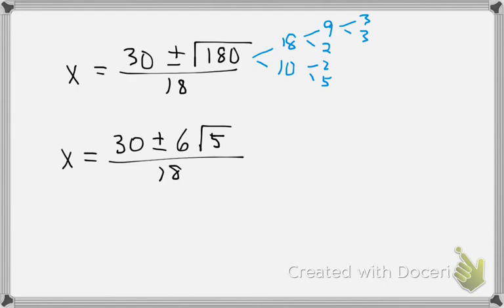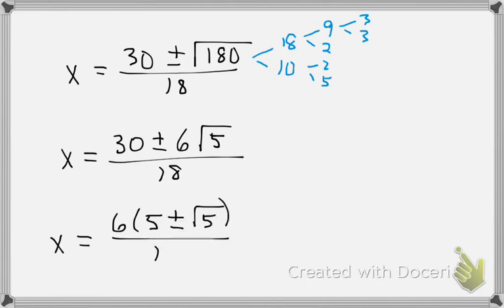There is a 6. So if I factor out 6, that's going to be 5 plus or minus square root of 5 all over 18. You guys agree? In which case 6 reduces 18 to 3. So x equals 5 plus or minus square root of 5 all over 3.